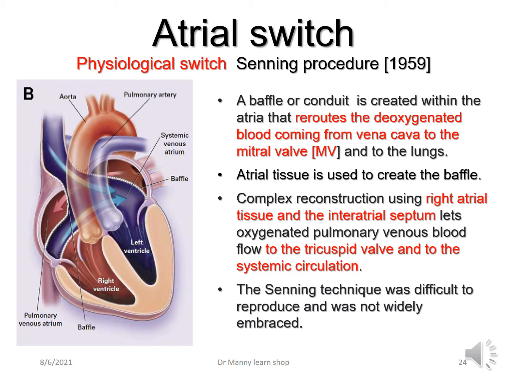There's the image, how it's rediverted from the right side, superior and inferior vena cava, to the mitral valve, and vice versa, from the pulmonary veins rediverted to the tricuspid valve. Fairly complex surgery.